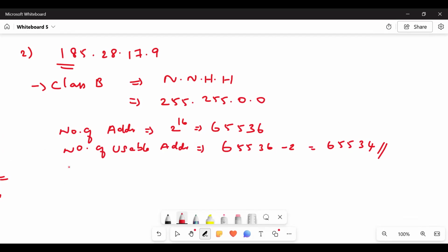Now the first address is the network address. So what will be your network address? 185.28.0.0.